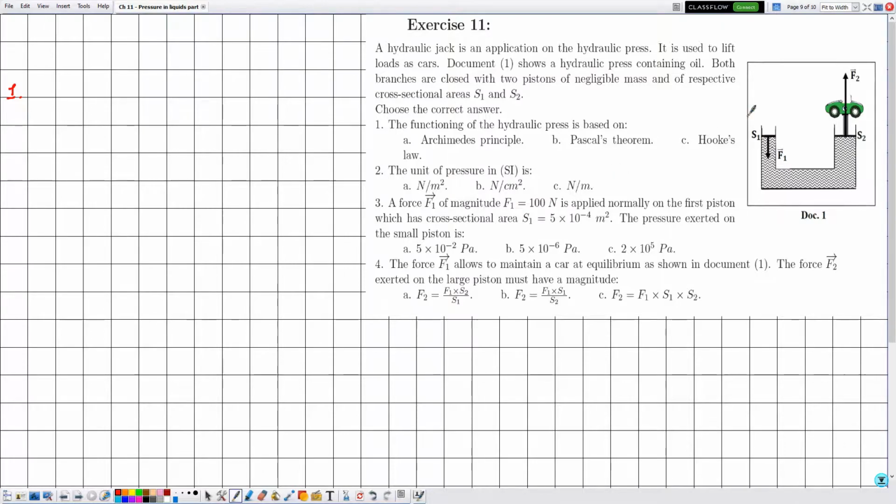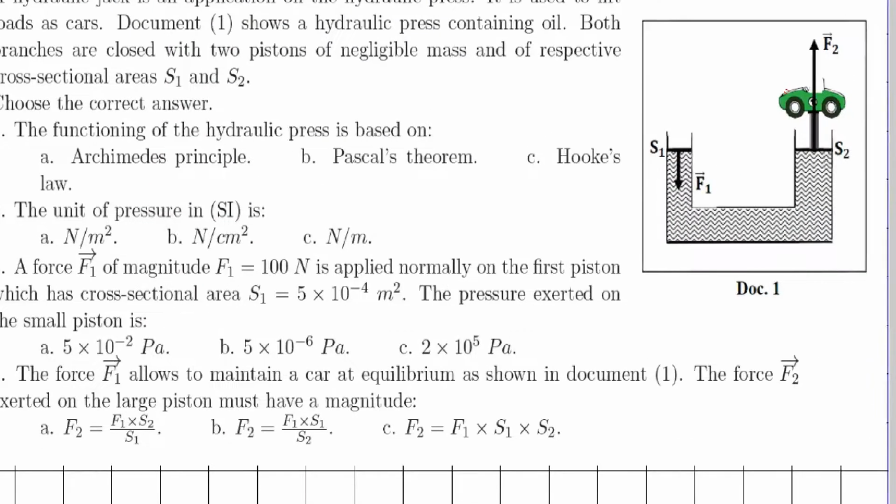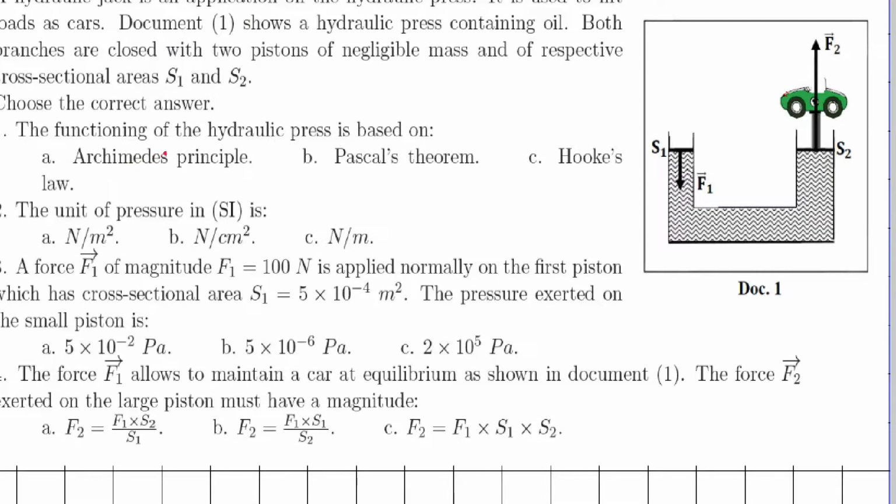The functioning of the hydraulic press is based on which law? So we have Archimedes' principle, Pascal's theorem, and Hooke's law. We can directly eliminate Hooke's law because it's related to springs and not liquids. Then we are left with Archimedes' principle and Pascal's theorem. Since the pressure at this branch is transmitted to the other branch, we are talking about the transmission of pressure due to a liquid, which is oil in this case.